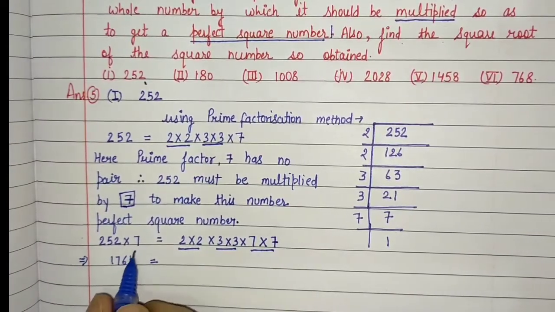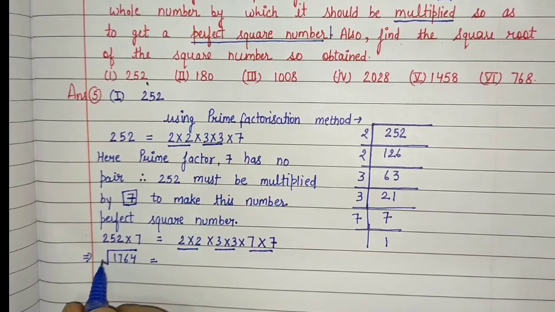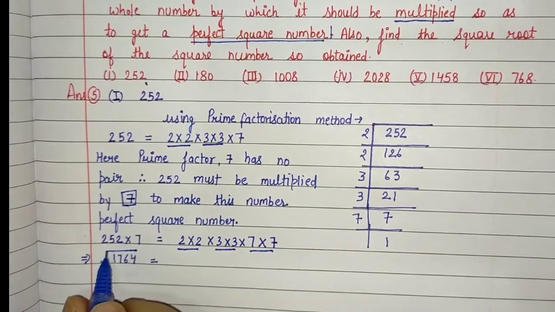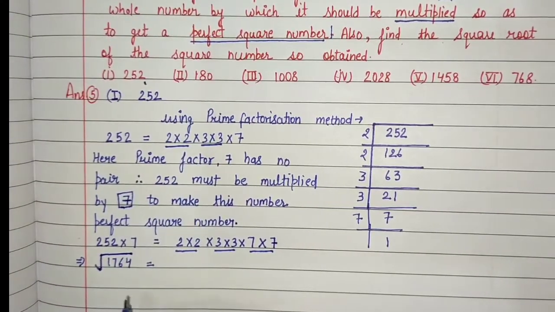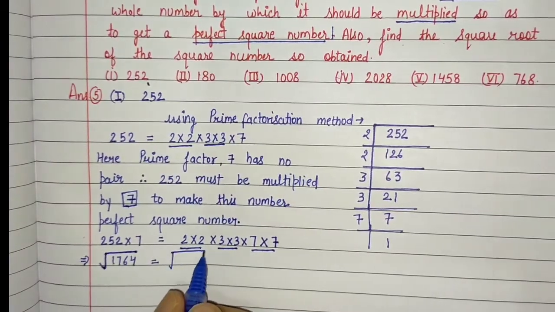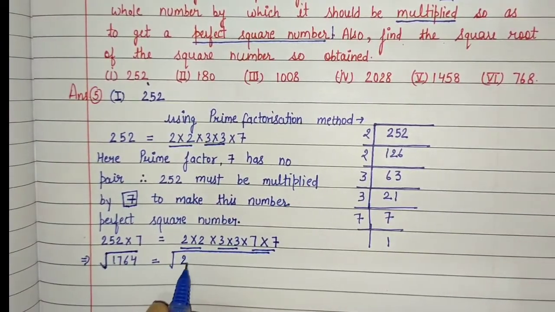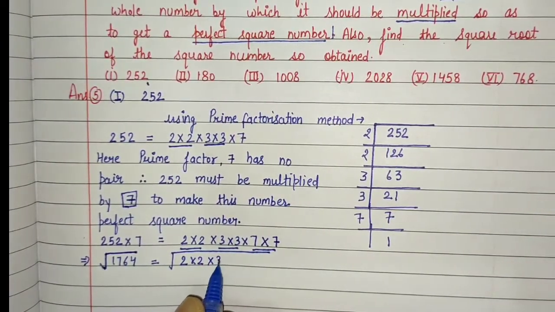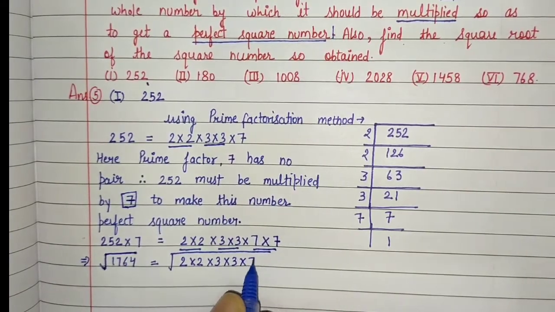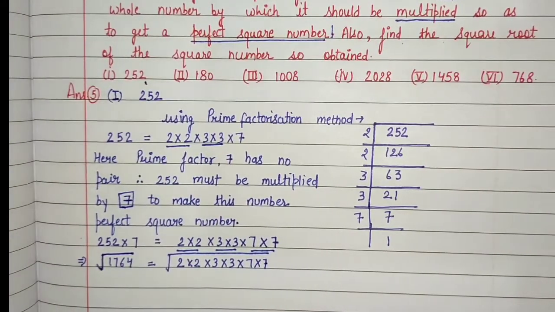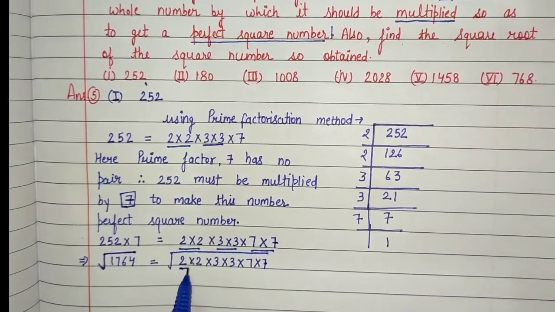Clear? Now we have to find the square root of this number. In question number 4 we have already calculated square roots. So just write down the numbers here. After that do the pairing.